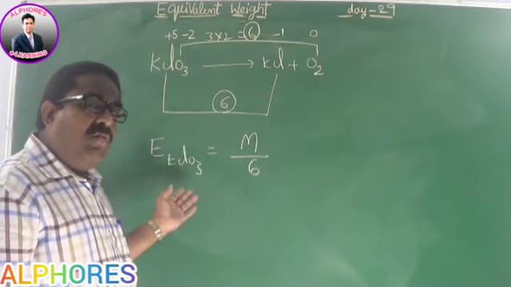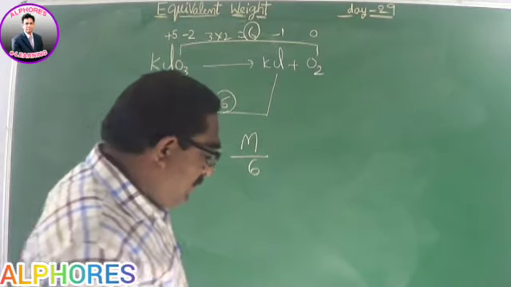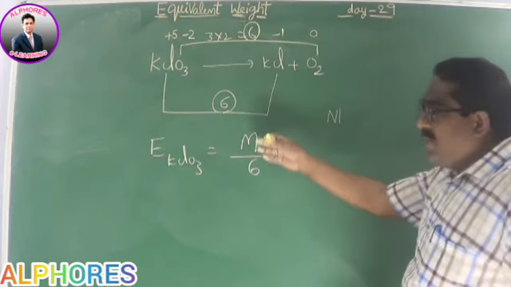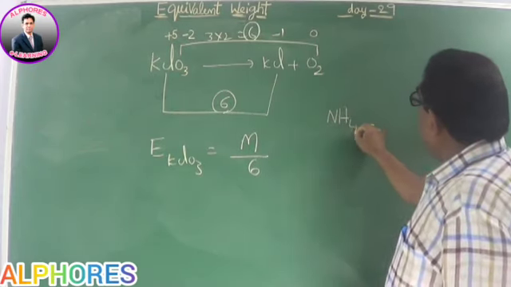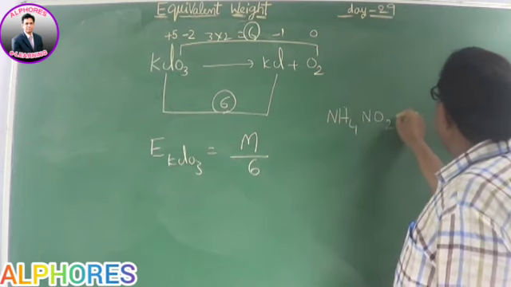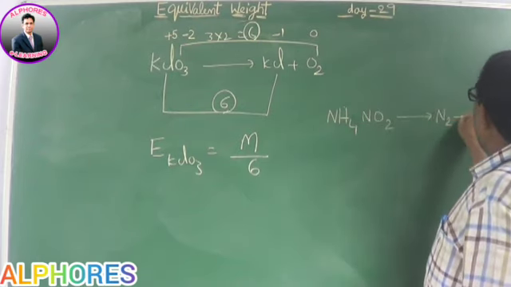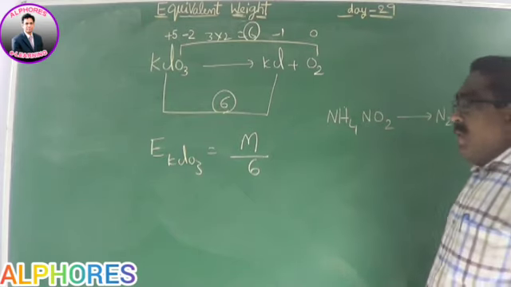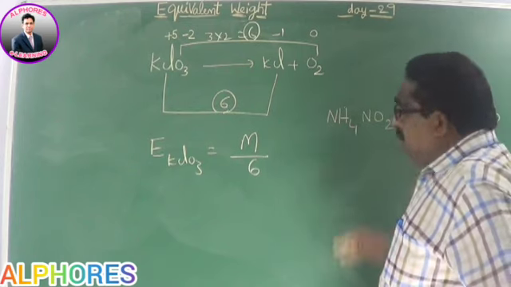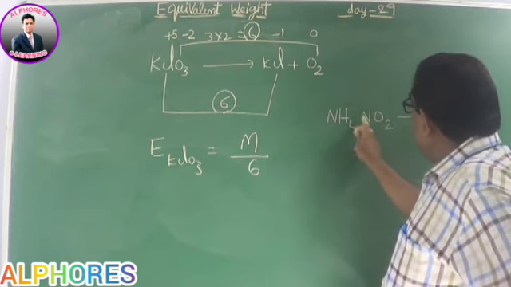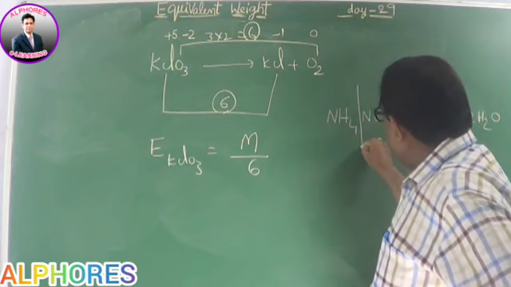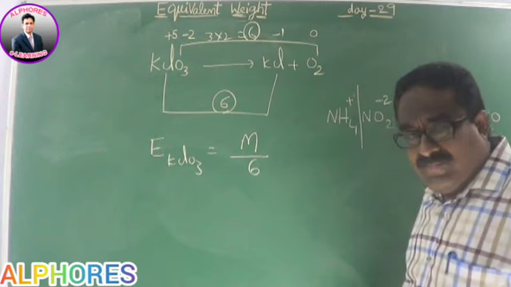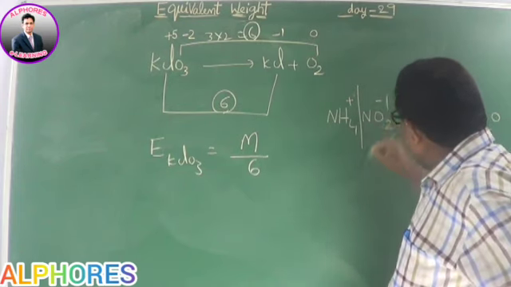Okay, let me give one more example for this type of question. Meanwhile, please write it down. Ammonium nitrate gives rise to N2 plus 2H2O. We know these two nitrogens are different. This belongs to the ammonium ion and this belongs to the nitrate ion.